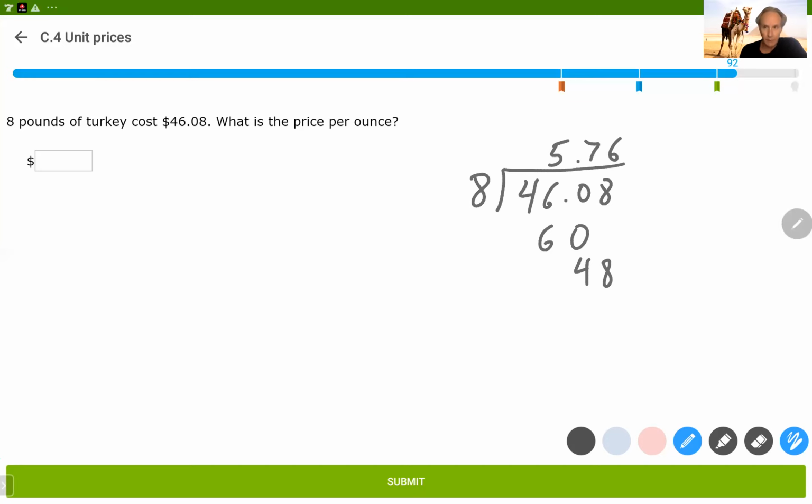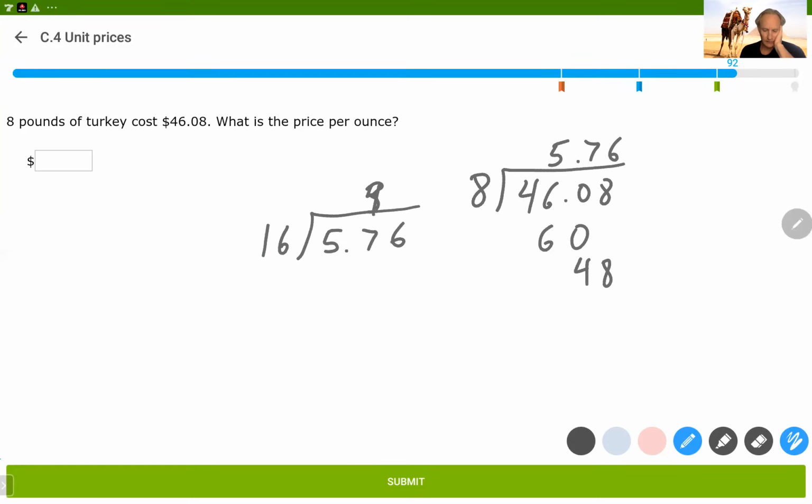Now we want the price per ounce. So 16 goes into 576. 16 goes into 57. Let's see. 16 times 4 is 54. Right? No, 64.